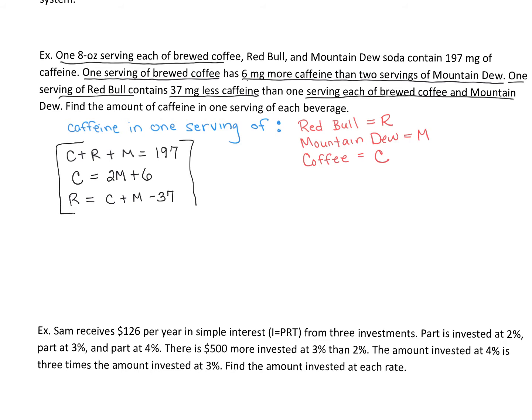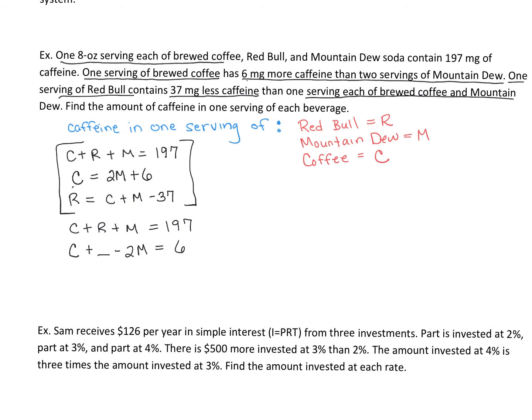All right, here's our system, but one of the things that we said previously was that we want these all lined up so that all of our C's, R's and M's are lined up. So I'm going to start with C plus R plus M equals 197. And then I'm going to make the second equation C plus 0R, because we don't have any R's, minus 2M equals 6.